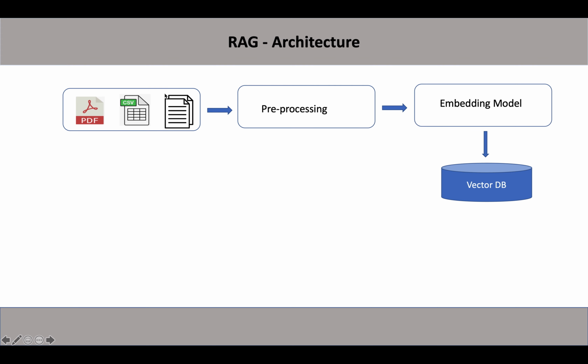When I say vector database, there are many vector databases available in the market, like Pinecone, Chroma, Postgres PG Vector, Elasticsearch. There the data will be pre-processed, converted to vectors, and fed into the vector database.